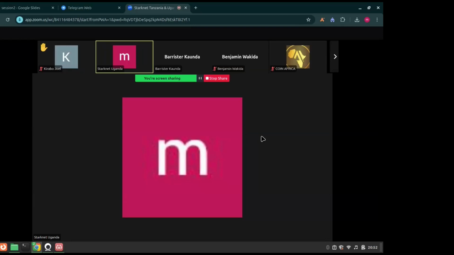Since the Starknet blockchain runs on the Cairo VM, when you're writing smart contracts, you're using the Cairo programming language. So Starknet is not only limited to blockchain; you can use it even in other normal programs.